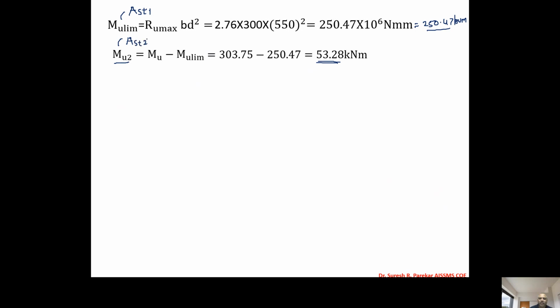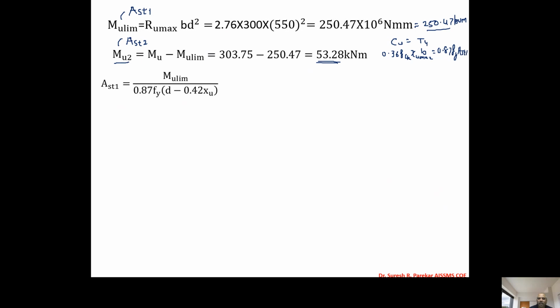Already we have this formula from the theory part. In that theory part we calculated these values. Just as in the last video, if you remember, we have Cu equal to Tu, and we have 0.36 fck Xu into b. Now it becomes Xu max into b, equal to 0.87 fy, and I will mention it as Ast1.